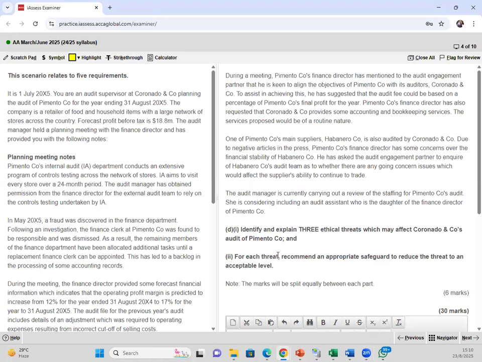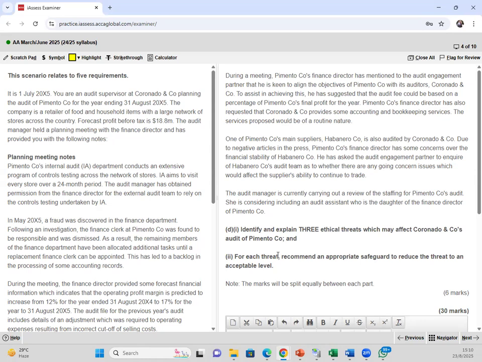So let's work together. So during a meeting, P company's finance director has mentioned to the audit engagement partner that he is keen to align the objectives of P company with its auditors, C company.